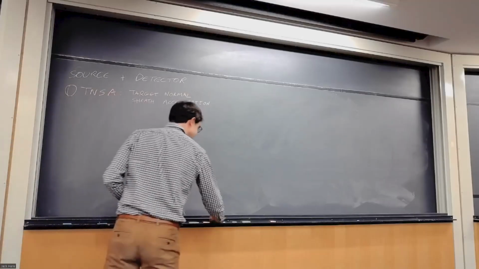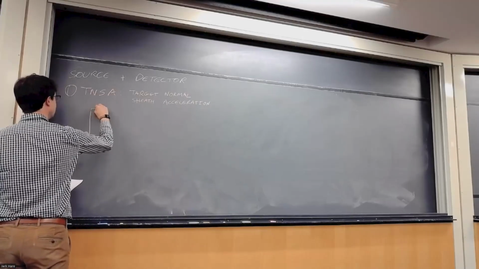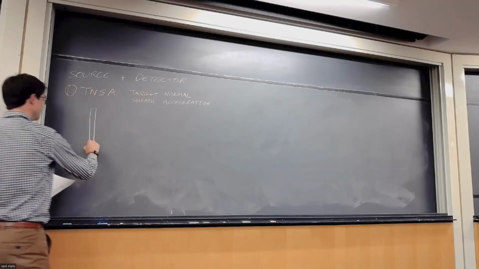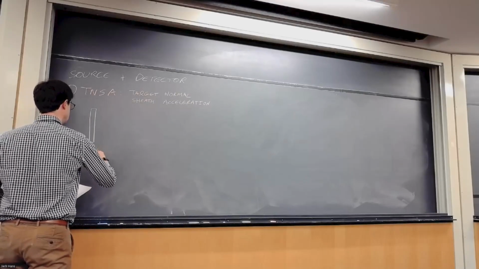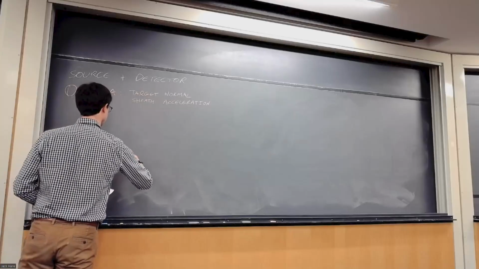So the idea of TNSA, and I will never say target normal sheath acceleration again, is you have a metal foil. And it's thin, tens of microns thin.